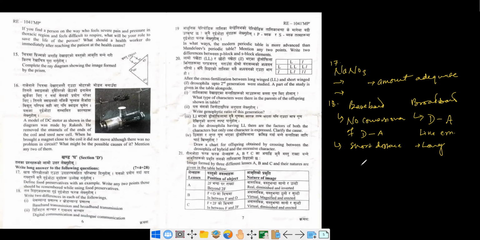Okay, in digital communication, digital data will be sent, and in analog communication, so let's say digital communication and analog communication. In digital communication, simply we use digital data from transmitter to receiver.